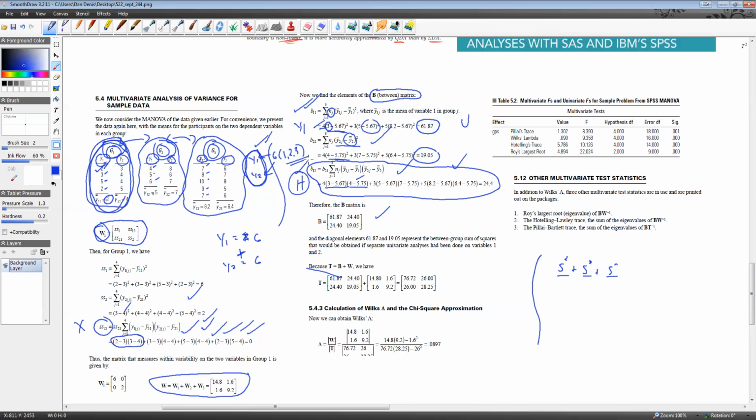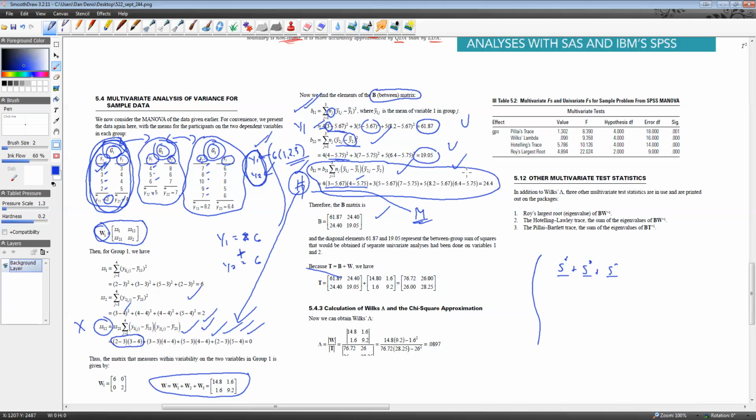That's why I say this is the hypothesis. This is where the big stuff happens, because otherwise you're still in univariate here. When you start doing this stuff, you're into the multivariate idea of the MANOVA.